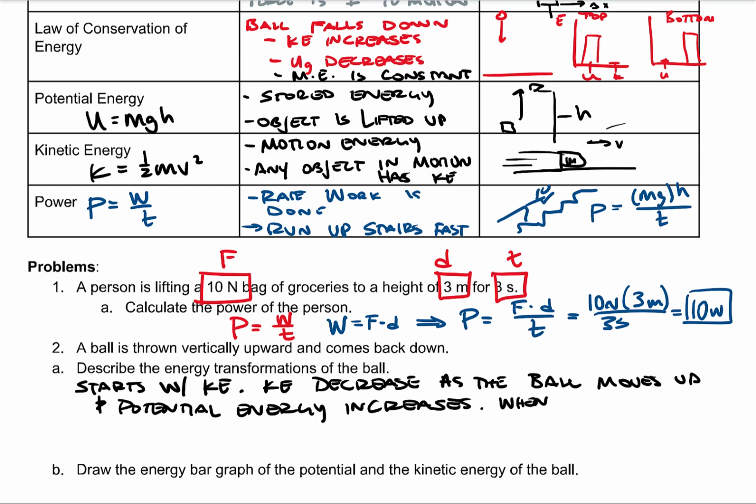When the ball stops at the top, kinetic energy is 0, and we have maximum potential energy.